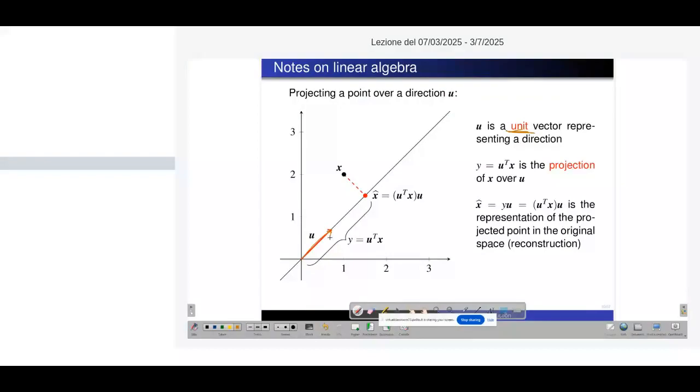So we consider the vector as an arrow that starts from the origin and then ends at the coordinates, in this case, square root of 2, looks like. So this vector u is a unitary vector that represents the direction that points from the origin towards this point.